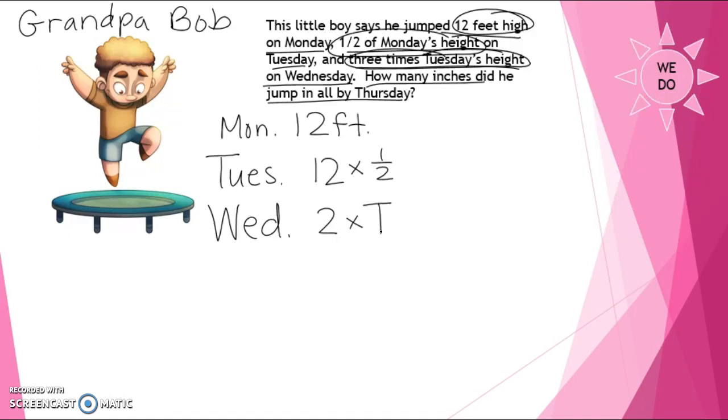This T stands for Tuesday, and the reason I did that is because, boys and girls, we don't know what he did on Tuesday yet. And then the question is, how many inches did he jump in all by Thursday?